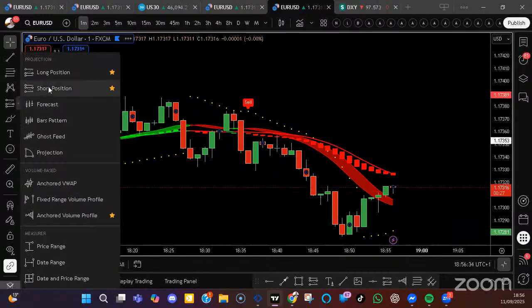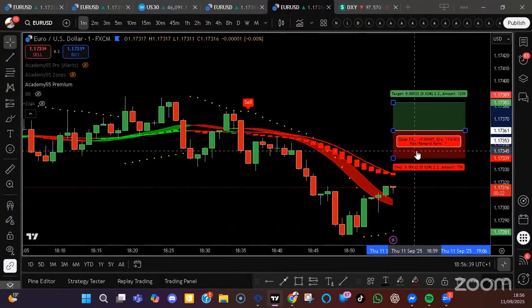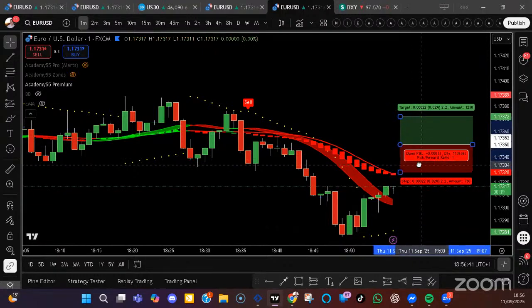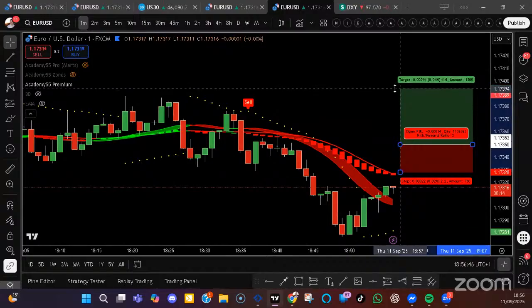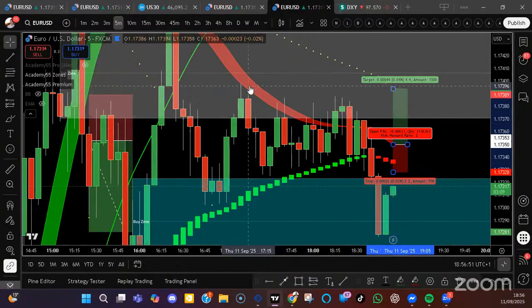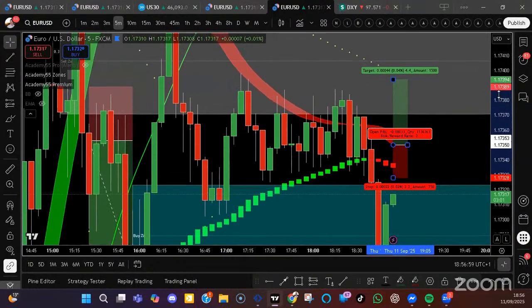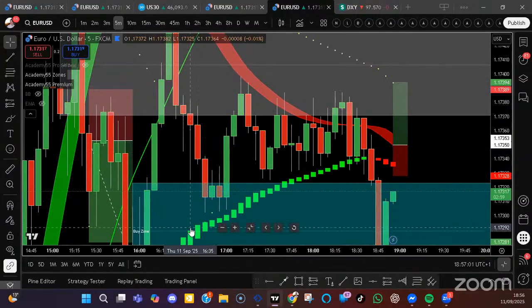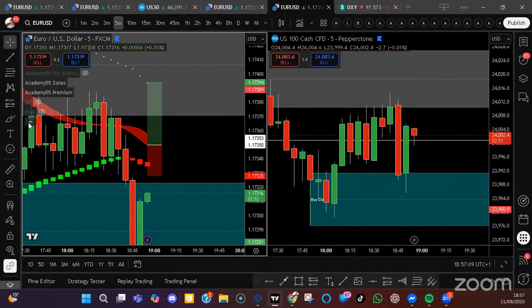But if I was to draw a long position, 2.2 pips away, so that's where the stop loss would be, taking us to our 2 to 1. And if I go back to the 5-minute time frame, you will see that that is in the sell zone, so it's not ideal. And a similar sort of picture would be with the US 100, but we won't let that deter us.